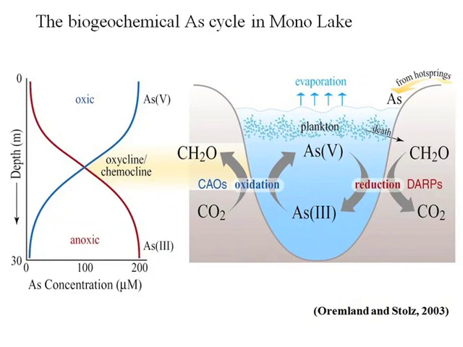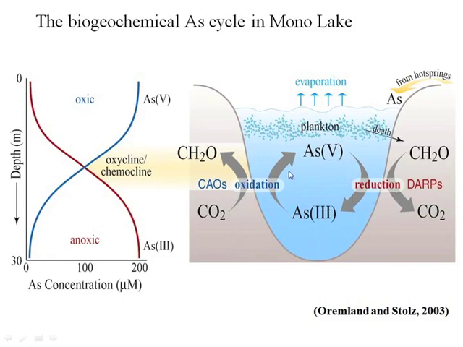So around the time that I joined Ron Oremland's group, they were looking at arsenic cycling in the water column of Mono Lake, and they demonstrated Mono Lake is a stratified water column due to density and thermally driven stratification. And so we're talking about aerobic water that overlies anoxic bottom water. Okay, and so at some depth in the deep part of the lake, you're going to reach an oxycline where dissolved oxygen goes down.